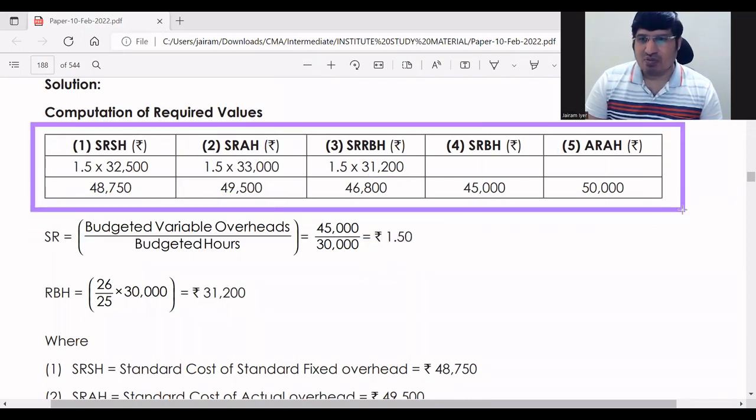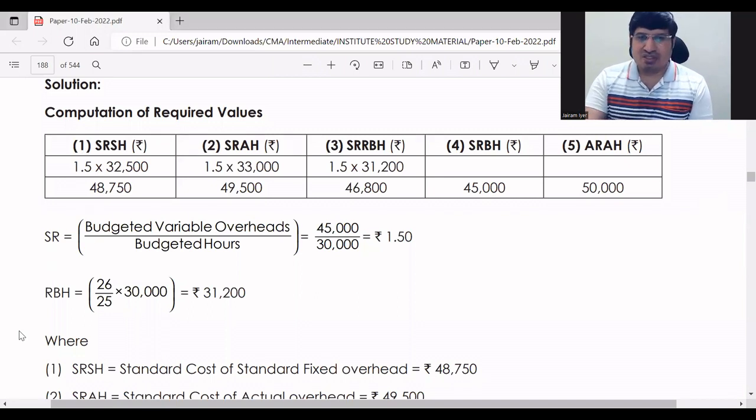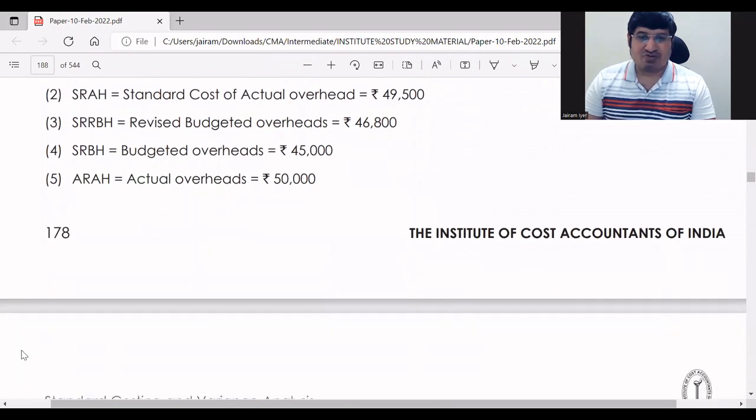Do you know what to do next? You know which number minus which number will give you which variance. The rest is just calculation, which I'm leaving to you. The table is ready for us. Just see what these variances are. What is 1 minus 5? What is 2 minus 4, what is 2 minus 3?